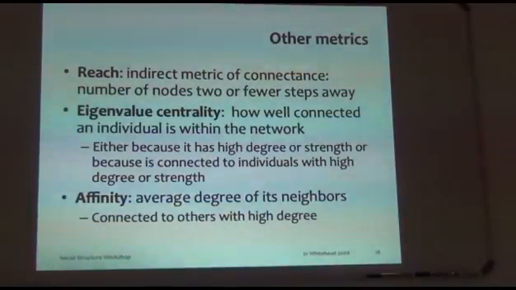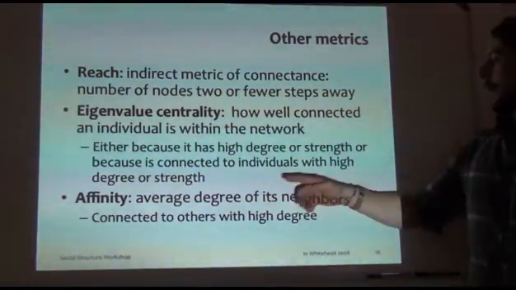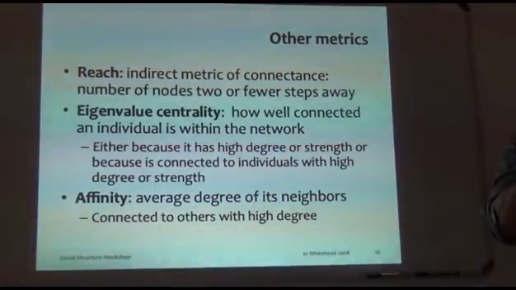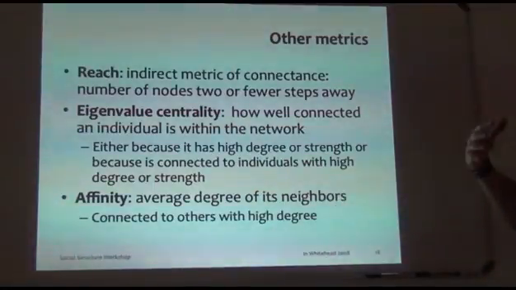If you're not that guy, you can at least be friends with him. And affinity is the average degree of its neighbors. So you have a focal node, but you're going to focus on the degree of the nodes connected to it. So we want to see if these guys are connected to others with high degree.